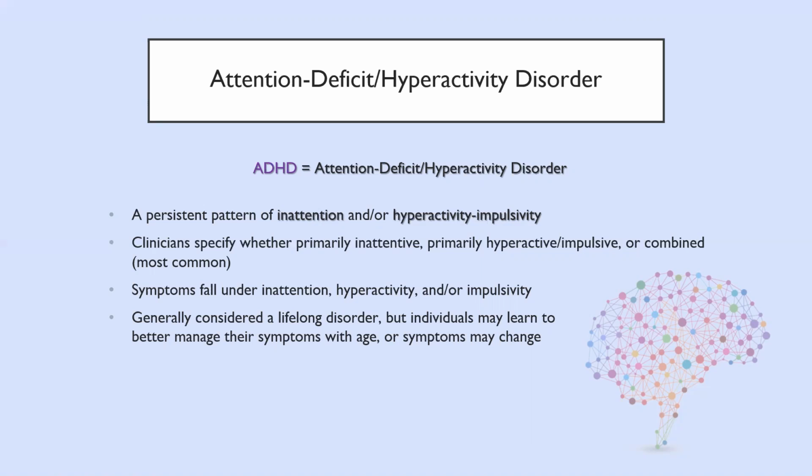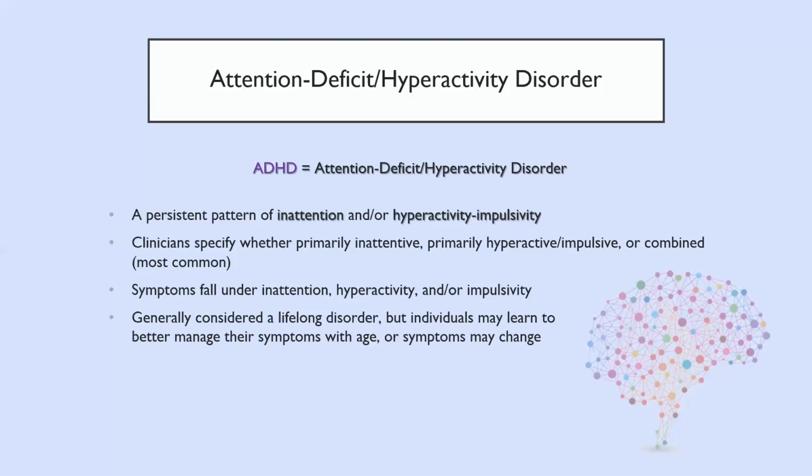It's characterized by a persistent pattern of inattention and/or hyperactivity or impulsivity. It's interesting to note that you don't have to be hyperactive to have this disorder. It can be either or. You might have the inattentive symptoms and not the hyperactive symptoms, and vice versa.